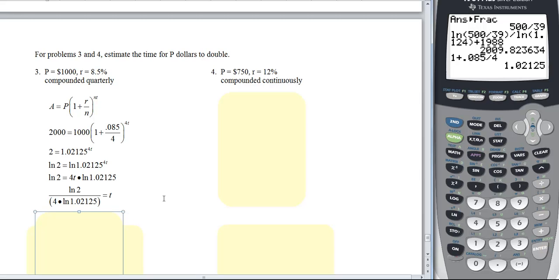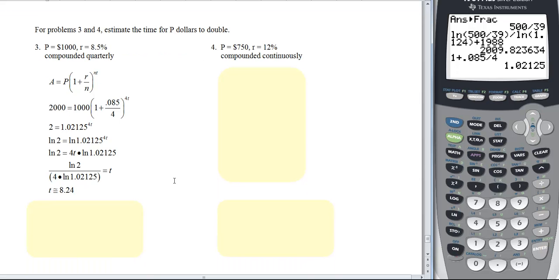So put that in your calculator, see what you come up with. And hopefully you came up with that. So I've got to write out what we're talking about here. It should take about a little over 8 years, 8 and a 4th years, for that 1,000 to get to 2,000 at that interest rate and being compounded quarterly.